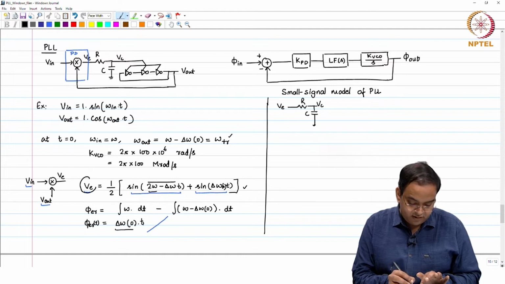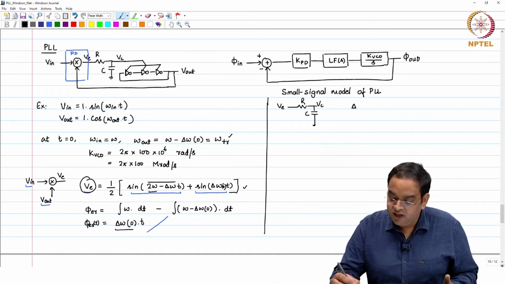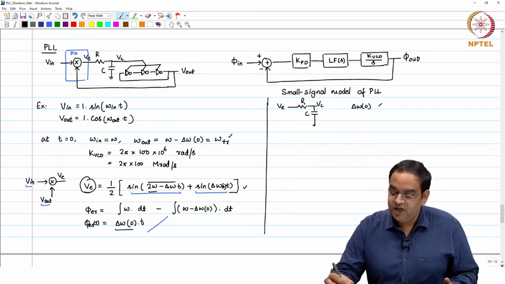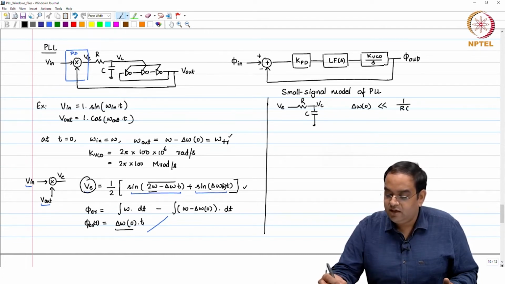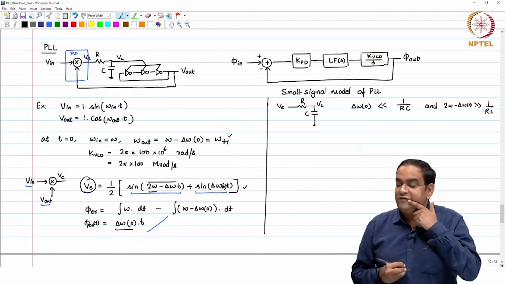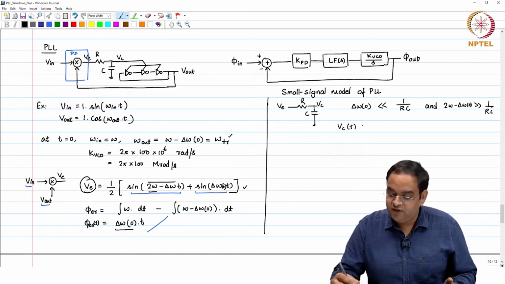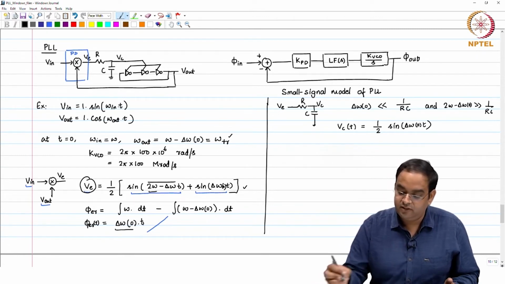If I feed this V error to my system and delta omega 0 happens to be much lesser than 1 over RC, which is the filter bandwidth, and 2 omega minus delta omega 0 is much greater than 1 over RC, then what you are going to see at the output of the filter, Vc of t, will be more or less 1 over 2 times sine of delta omega 0 t.